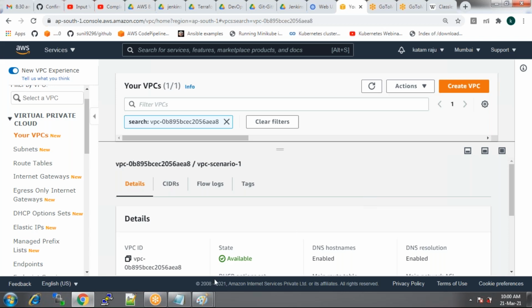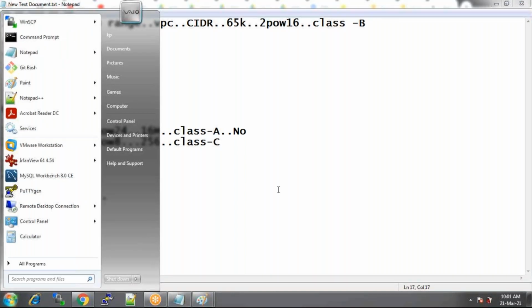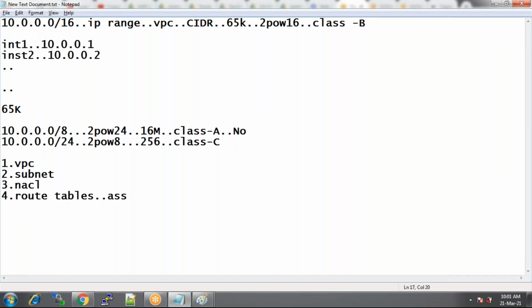Now remember these 3 points. The first point is you create VPCs. Second point is you create subnets, and then you create NACL. And then at the end you create route tables. So what is the purpose of route tables? Route tables are used to associate subnets with NACL.